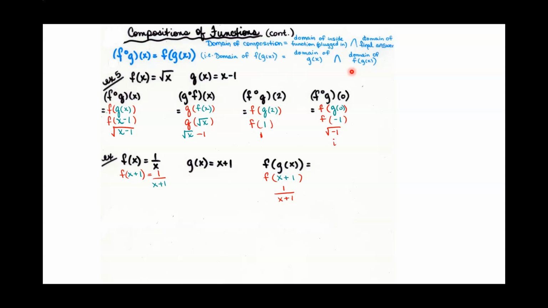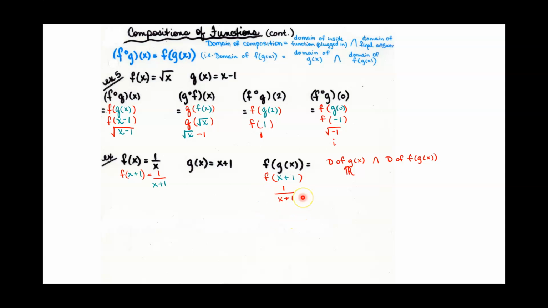If we look for the domain of g of x, your domain is going to be all real numbers unless you have 0 in the denominator or a negative under an even indexed radical like a square root or a fourth root. I don't have a fraction or a radical here, so that domain is going to be all real numbers. Then I'm going to look for the domain of my final answer.